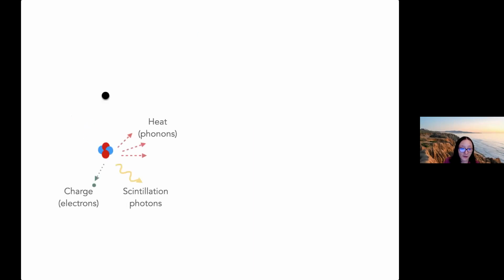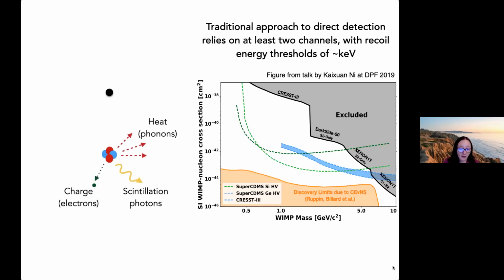So let's dive into direct detection, the goal of which is to look for this dark matter in our galaxy. Here's the usual cartoon for direct detection of dark matter above a GeV. I have dark matter scattering off of a nucleus, and it'll give rise to a recoiling nucleus that deposits its energy in a few different channels. These are usually heat, phonons, scintillation photons, or charge.